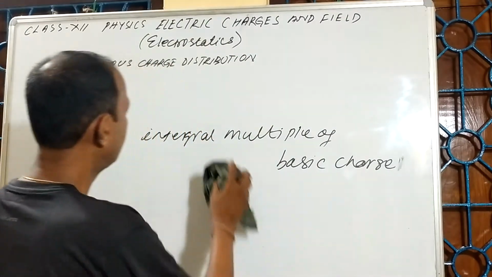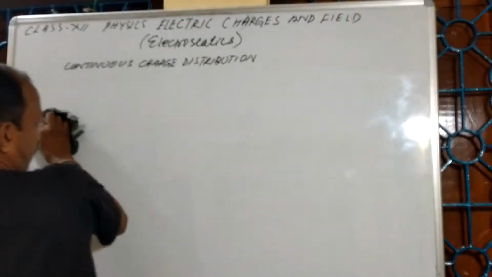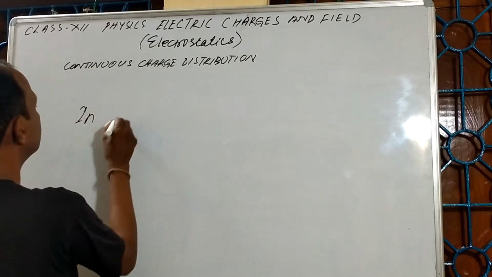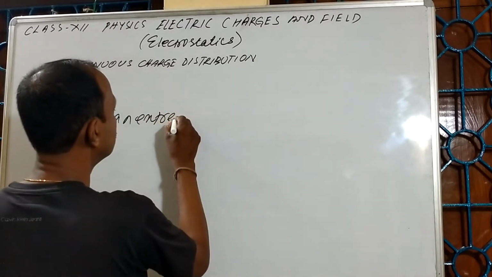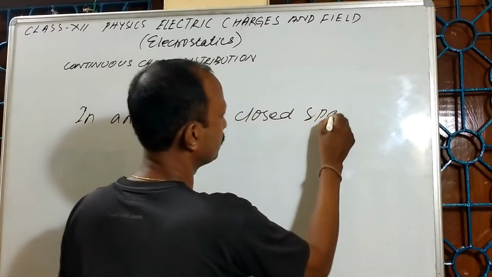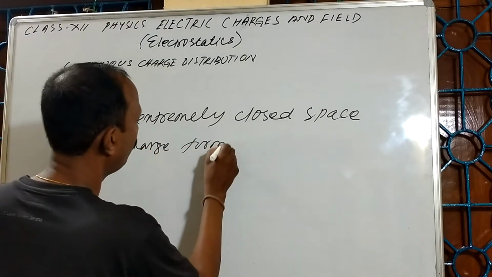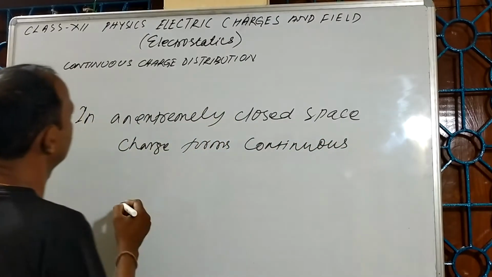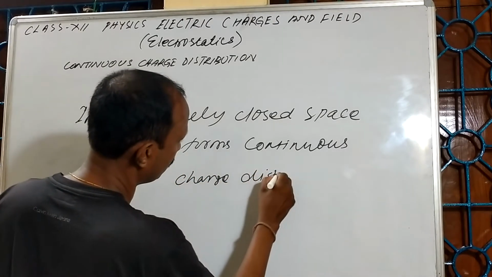So in an extremely closed space, charge forms a continuous charge distribution.